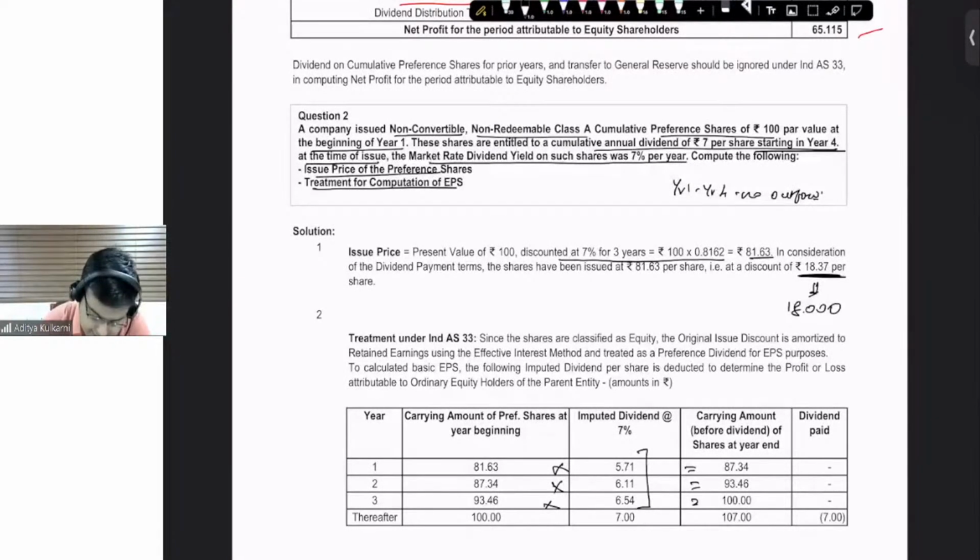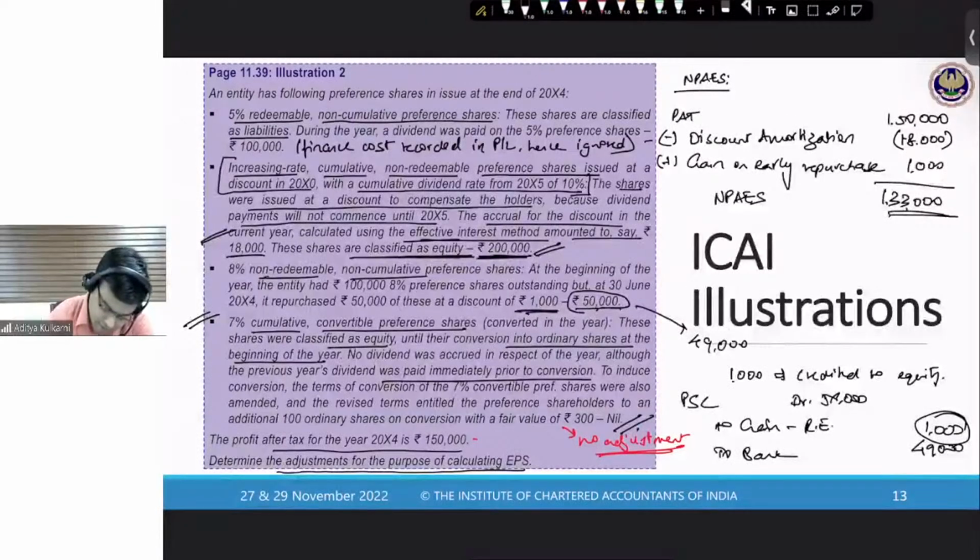That 18,000 will typically not be a finance cost, because these shares are classified as equity. And in the case of equity, I'll not have a finance cost. That is why this discount amortization is deducted separately.